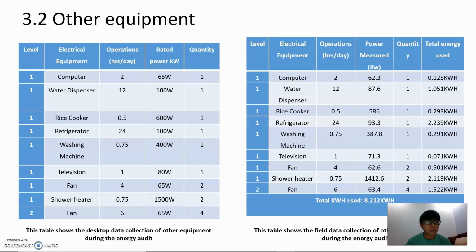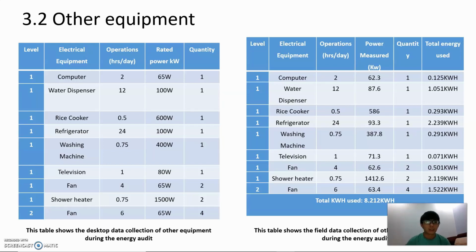The washing machine operates 0.75 hour per day, with a rated power of 400 watts and a power measured of 387.8 watts. Television. The television operates 1 hour per day and has a rated power of 80 watts and a power measured of 71.3 watts.